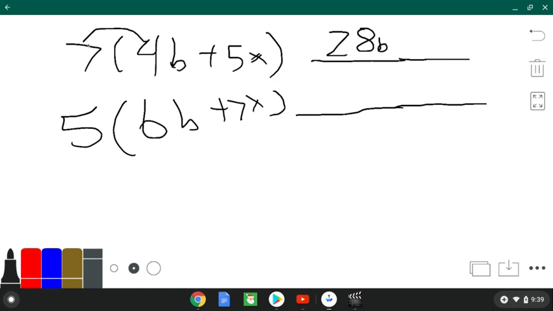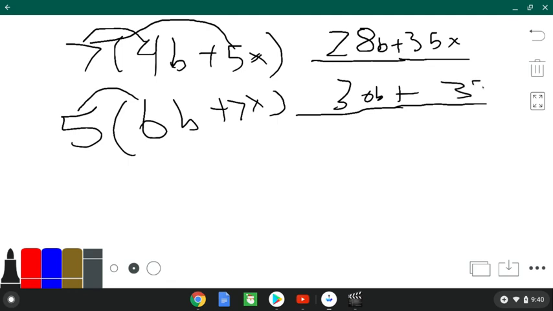And you would want to do 7 times 5x, and then of course you'd get 35x. And now those are the numbers, and the operation you're doing is addition, so it would be 28b plus 35x. Same thing here, it has the same rule. 5 times 6 equals 30b plus 35x, right? And then that'd be your answer.